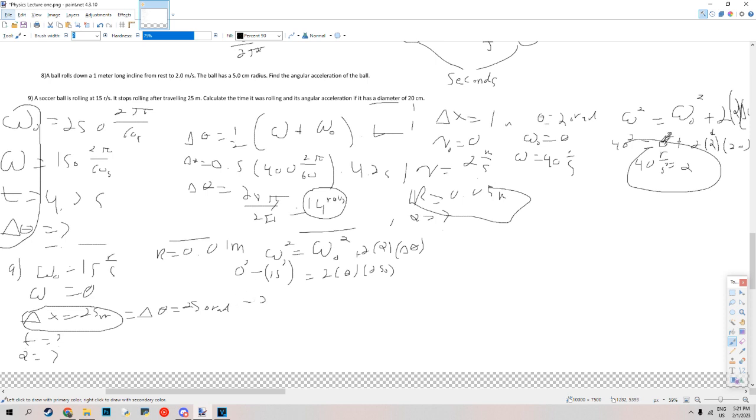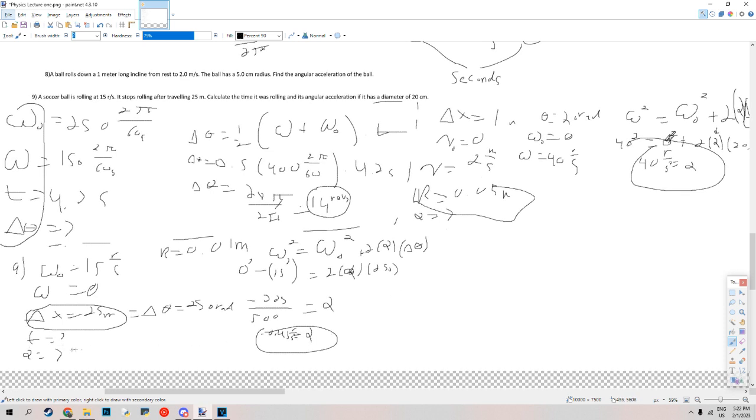So negative 225 divided by 500, since 2 times 250 is 500, is equal to our alpha, our angular acceleration, which puts our angular acceleration at negative 0.45. Make sure to put units, radians per second squared.